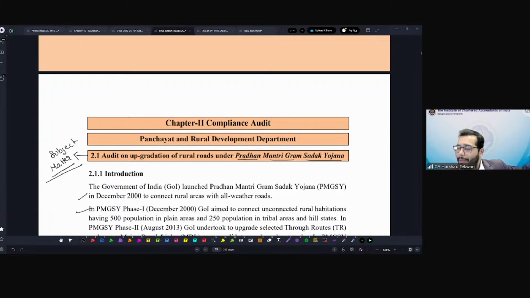Overall audit plan. Remember we discussed about overall audit plan, audit strategy, something in previous sessions, audit program that we prepare. Yes or no? So you prepare all those things.